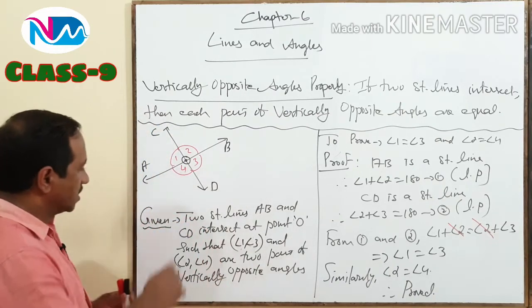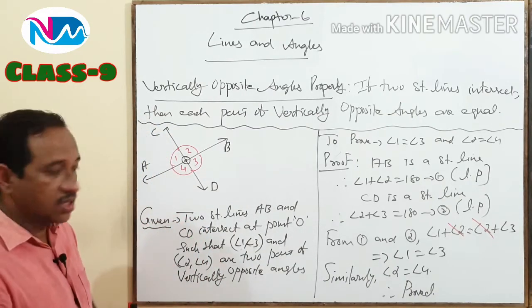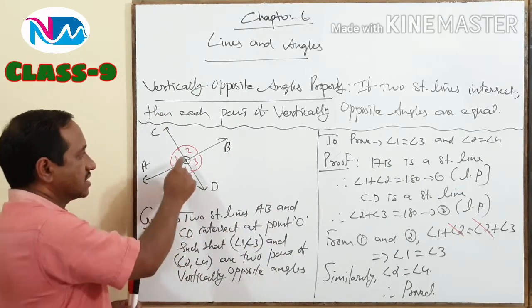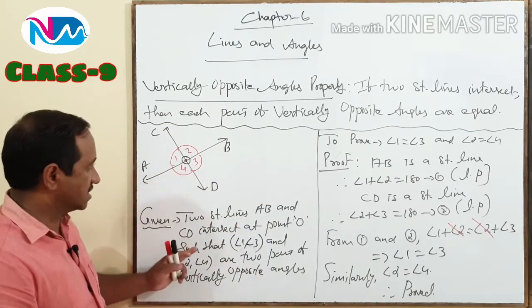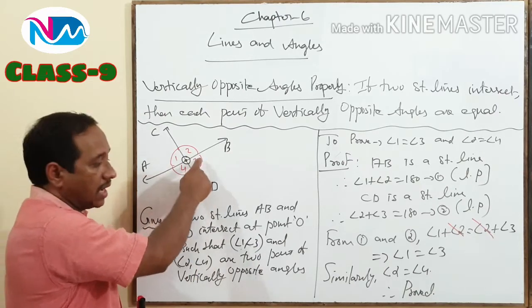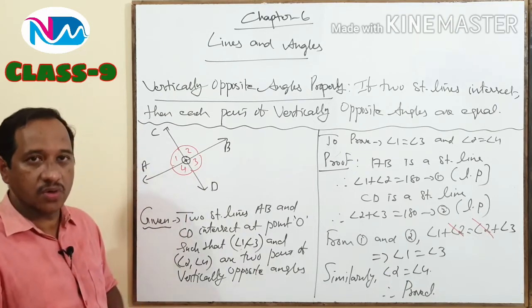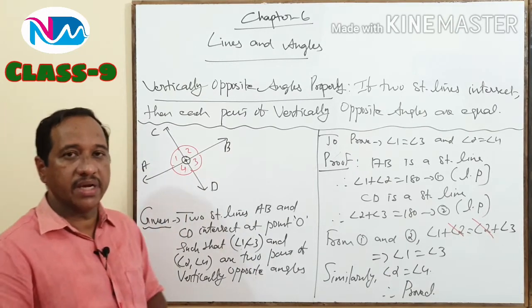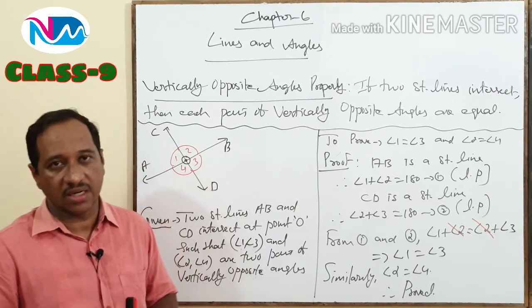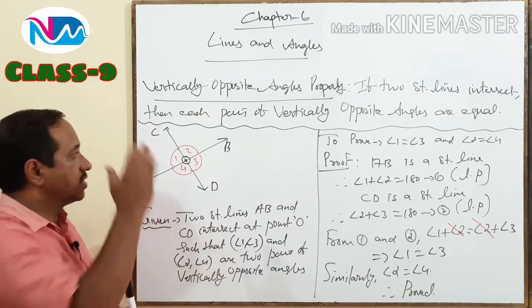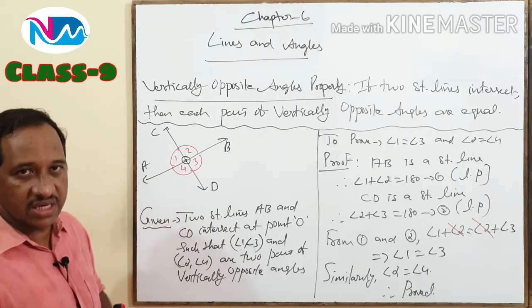So here the given part consists of two straight lines AB and CD intersect at point O such that angle 1, angle 3 and angle 2, angle 4 form the two pairs of vertically opposite angles. So here in the given part we have two straight lines AB and CD.